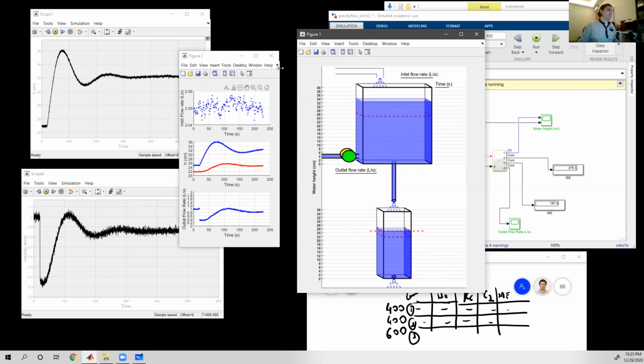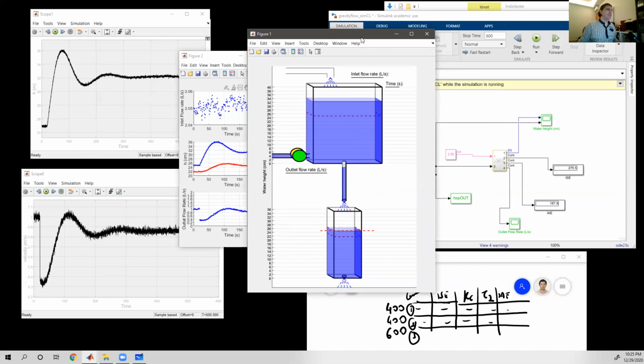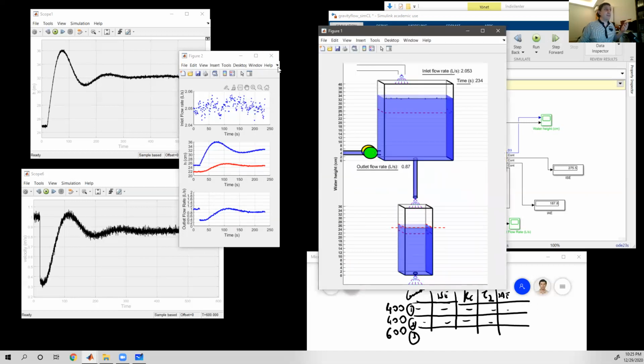Okay, I think that's pretty much sufficient to run the whole thing. So actually for this system, maybe 600 seconds would be a little unnecessary, but it is difficult to know beforehand how much time is required.